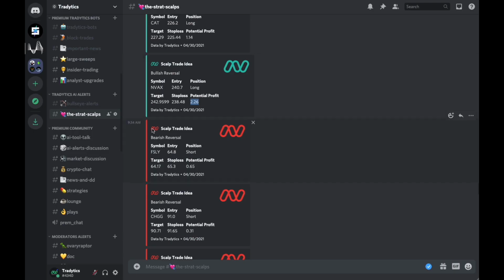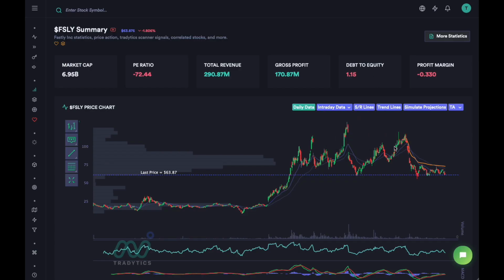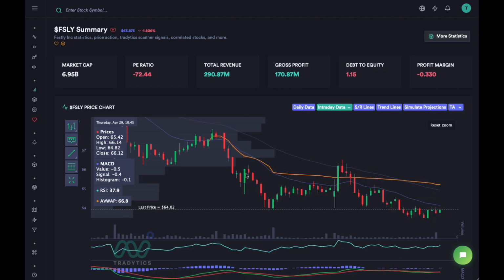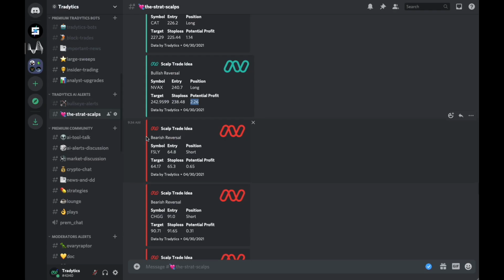and the time is 9:34. So let's open up the 5-minute chart. Let's see what happened. So we are going to look at 12:34. Okay, so at this point in time, this trade idea came in.